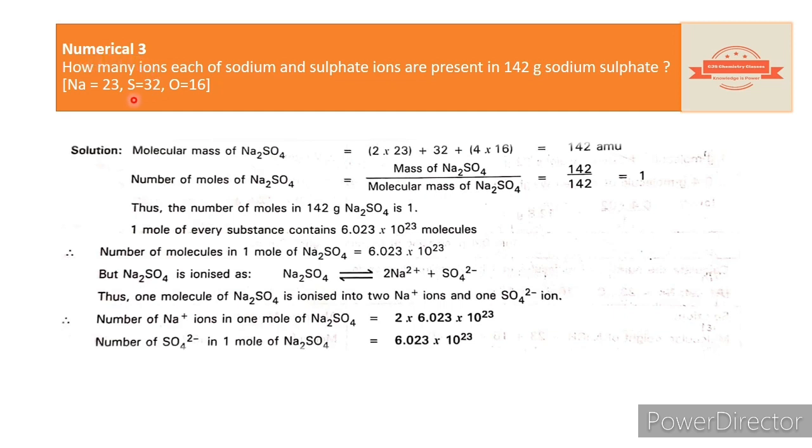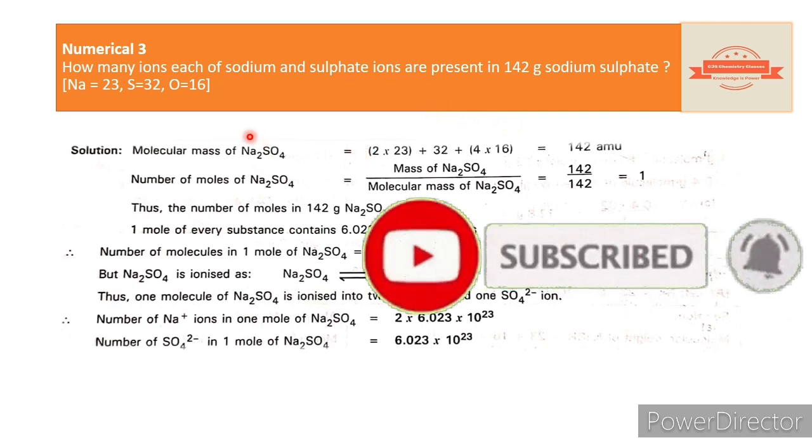Numerical 3. How many ions of sodium and sulfate ions are present in 142 gram of sodium sulfate?